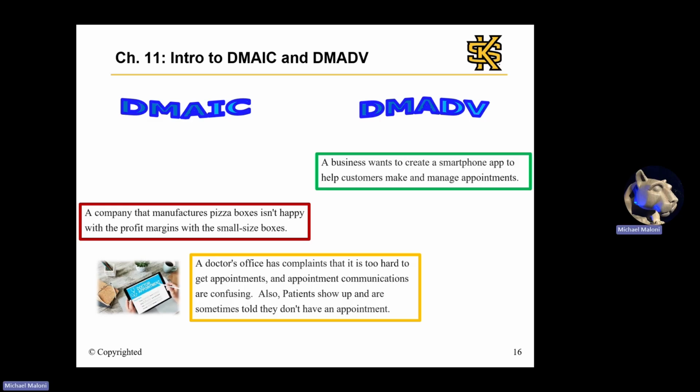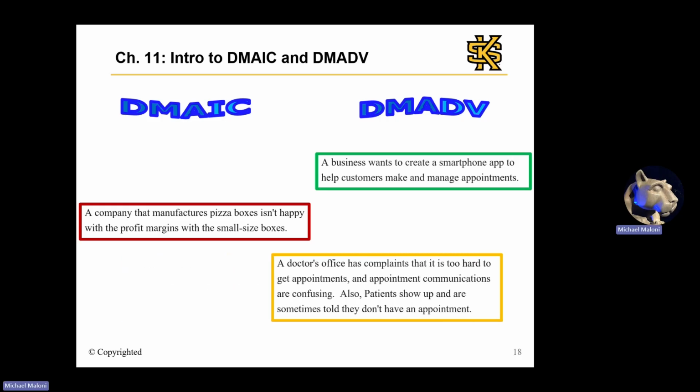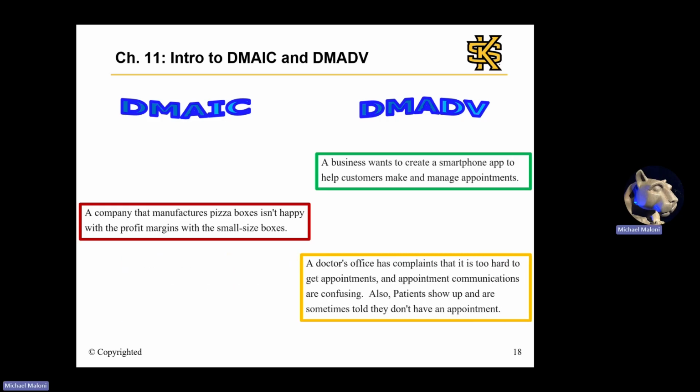So as is, this could be DMAIC if we can find sufficient solutions in the existing process. But perhaps we find in the early stages of DMAIC that the underlying technology is highly insufficient. In that case, we might shift to DMADV to implement a completely new system and associated process.